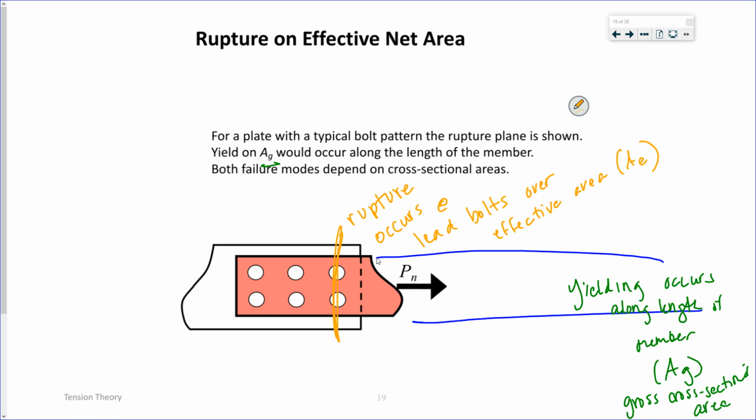So rupture happens over a net area where you've reduced your cross section by punching holes in it. Yielding occurs somewhere along the length of the member, so we get to use our gross cross-sectional area to calculate our yielding limit state.